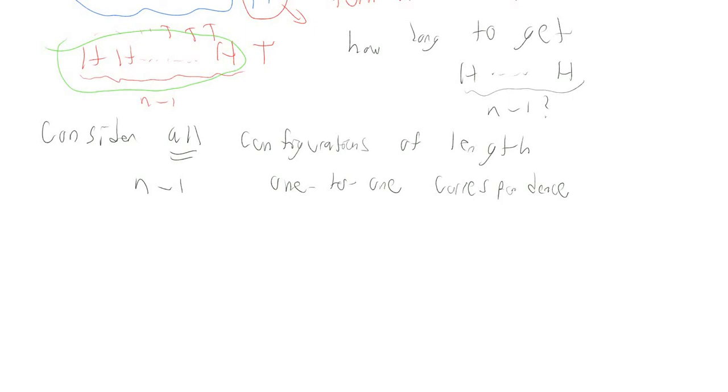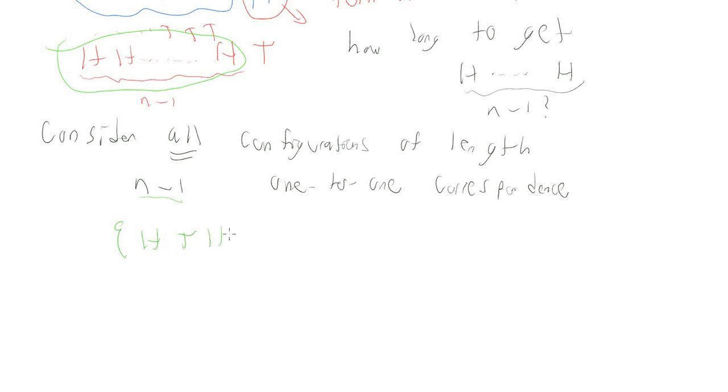We define this informally, but there's going to be this automorphism on the configurations of length n-1 that basically switches all of the values, right?